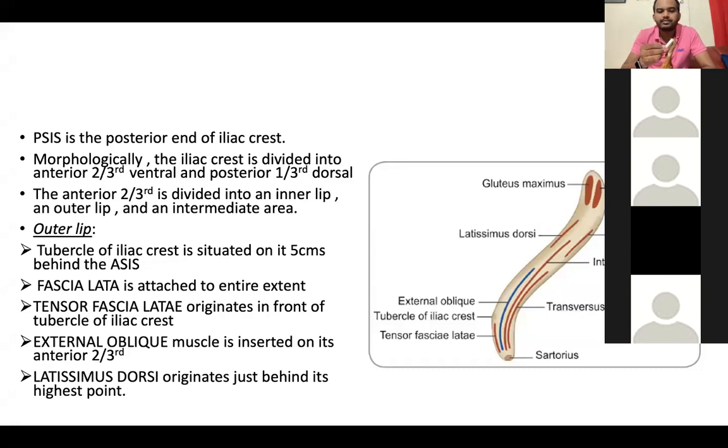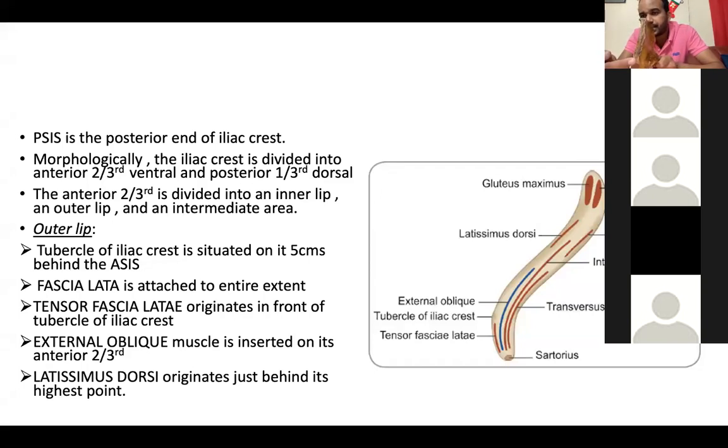This is the inner lip. When you see the bone, this is the outer lip, which is the lateral side. This is the inner lip. And this area is the intermediate area.